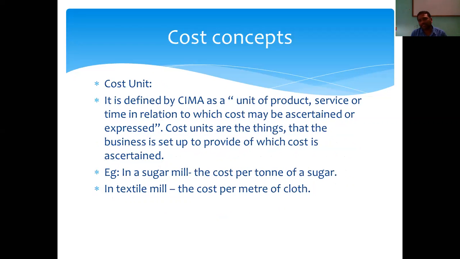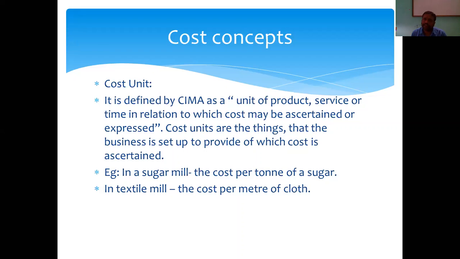And here, the cost unit. Whenever you are going to measure, we should have one unit of a product or a service. The cost units are the things that the business is set up to provide, for which cost is ascertained. For example, if you went to a bakery, you ask for one curry puff, one egg puff, or one cake.